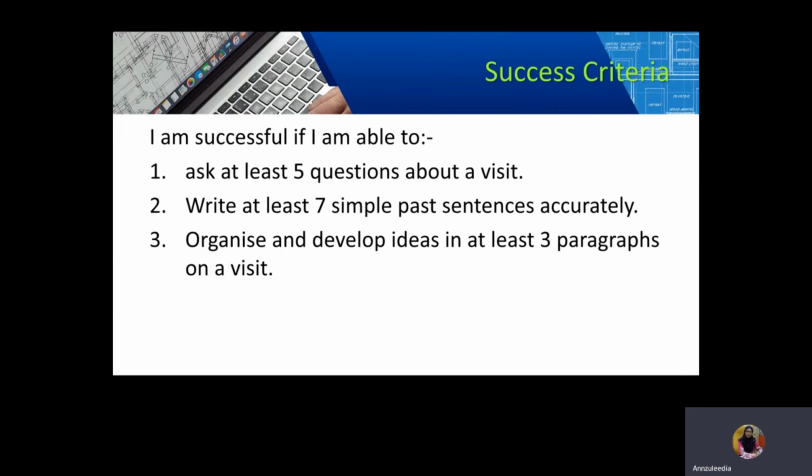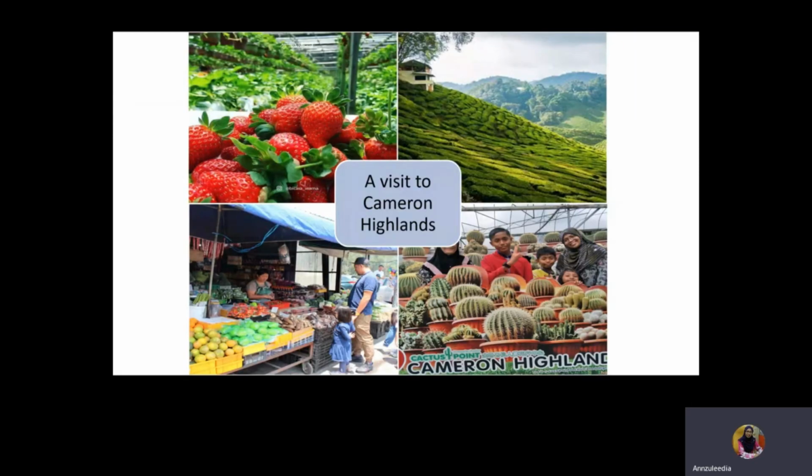When we teach our students writing, normally we would have a stimulus. The stimulus here is a picture of a visit to Cameron Highlands. If you look at the picture, the first square will be the one in the middle. What we do here is write down the title of the essay in the smaller square in the middle. The title would be something like A Visit to Cameron Highlands.